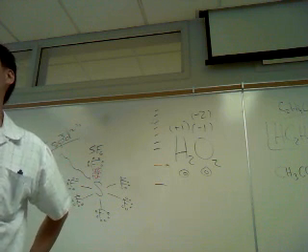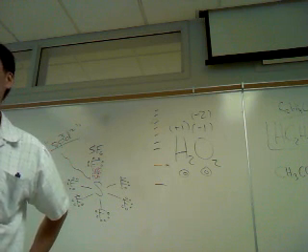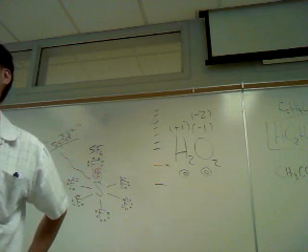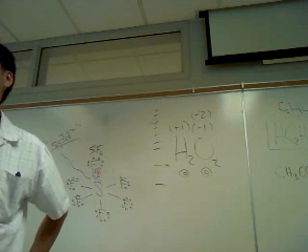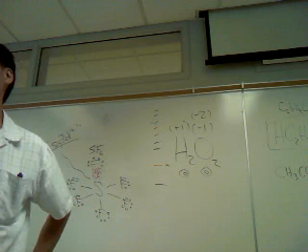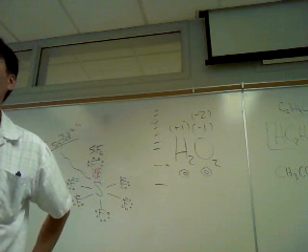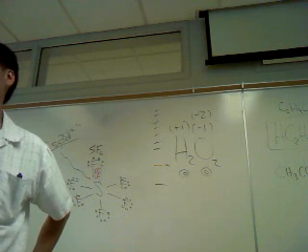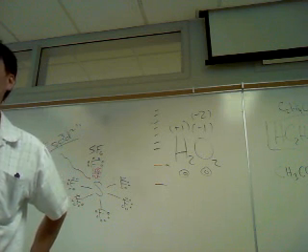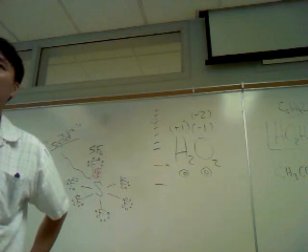If we start at S, P, D, F, where do we go after F? We go to G. Where do we go after G? H, I. So does an I orbital exist? Yeah, sure it does. After we run out of all the alphabet, then we have to go to double A or something. We have to make up some other system, because how are we going to number all infinite orbitals, right?